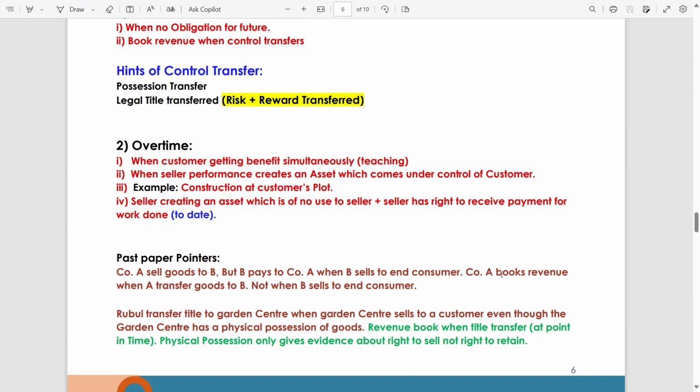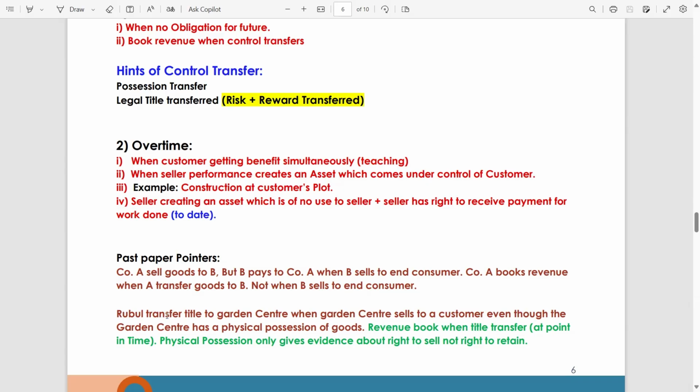In this case, company A books revenue when company A transfers goods to B, not when B sells to the end consumer, because company A has transferred legal title, risk and reward to B. So revenue is recognized at a point in time when legal title is transferred.